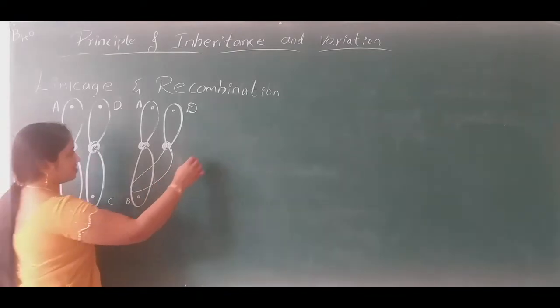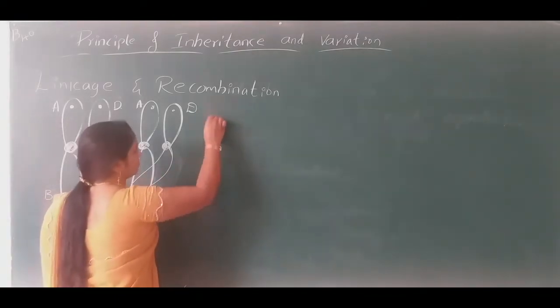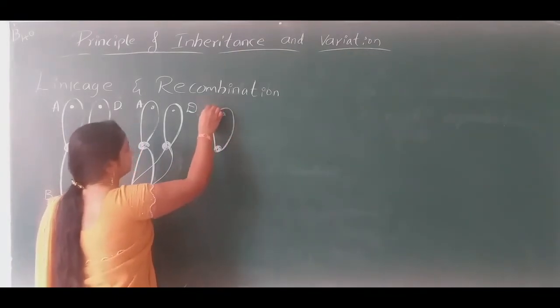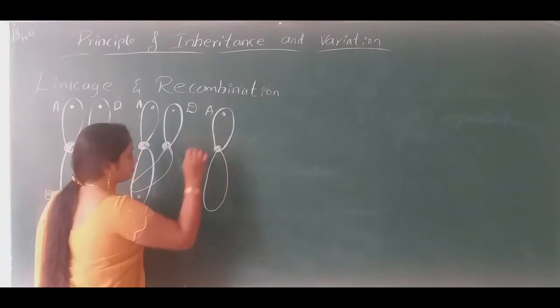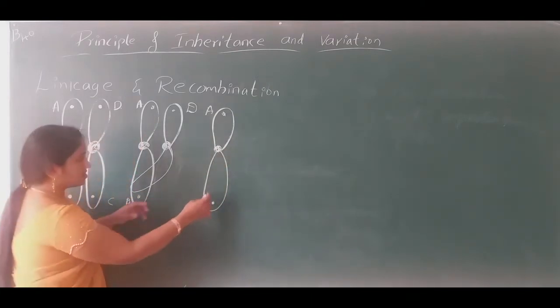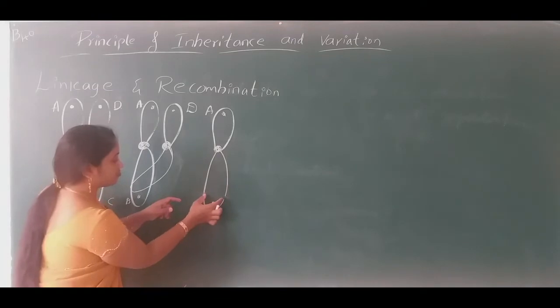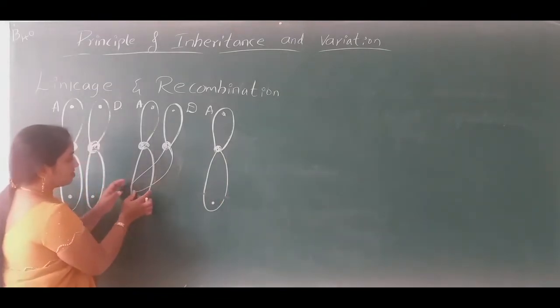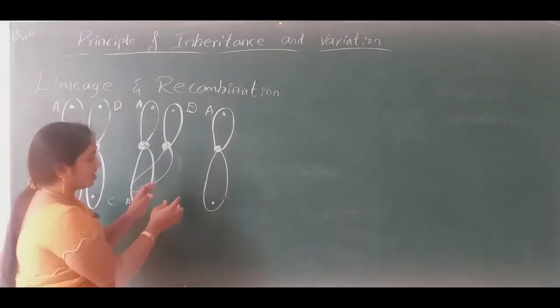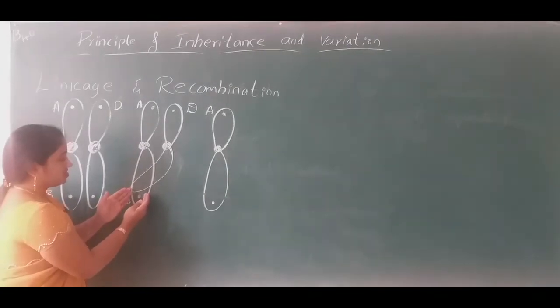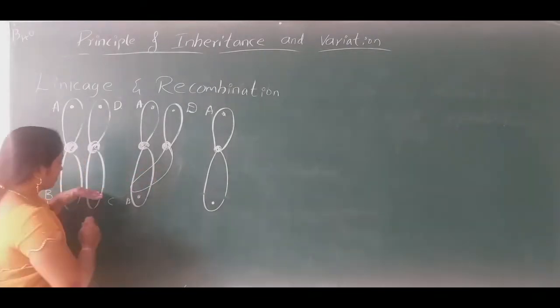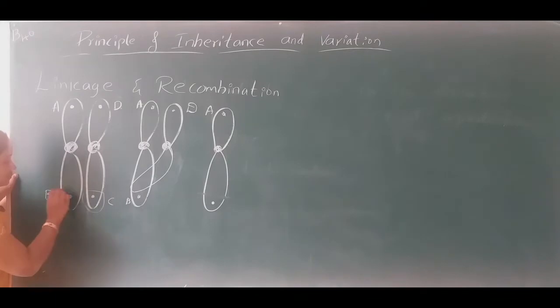What will happen in the next step? The genes remain constant. Here this part gets separated. The non-parental chromosome shared its genes with this part. These two parts get shared in the non-parental chromosome.